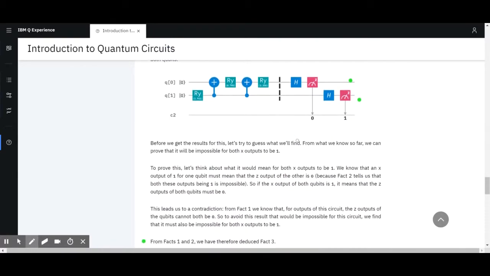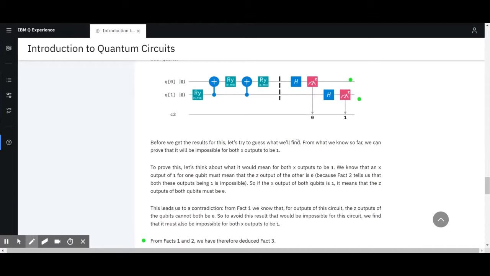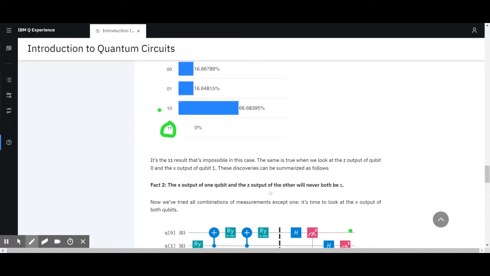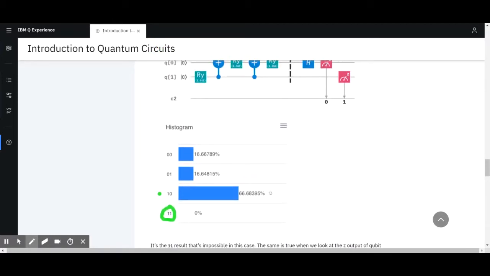So the reasoning goes wrong where we say that we know that an X output of 1 for one qubit must mean that the Z output of the other is 0. Exactly.